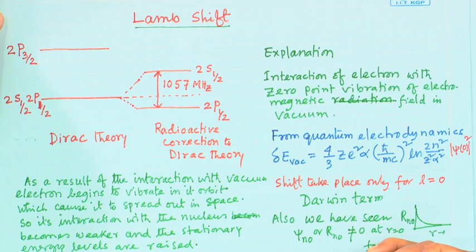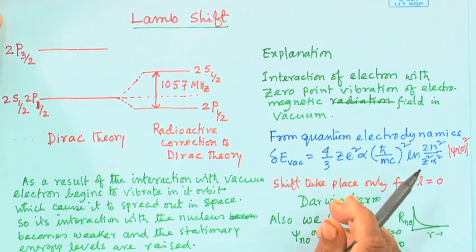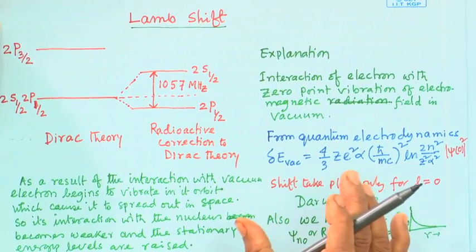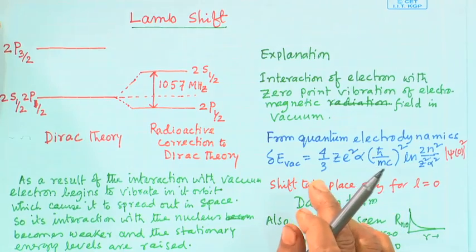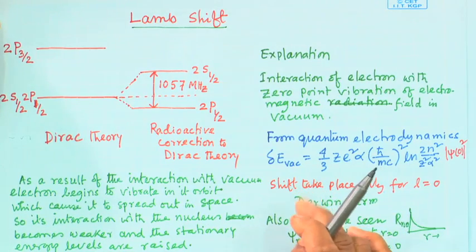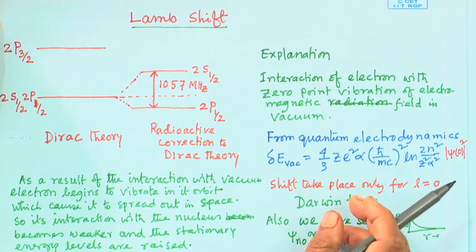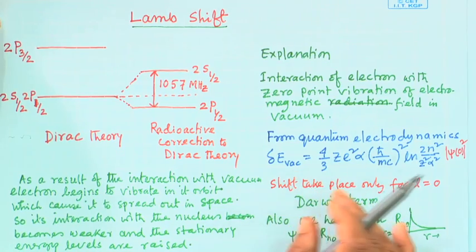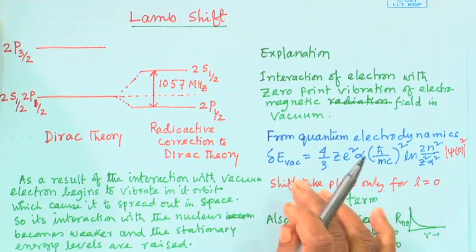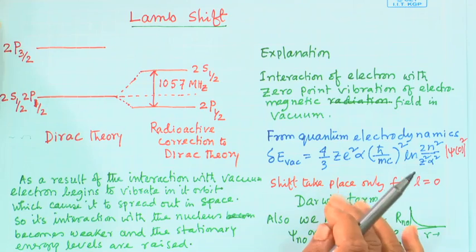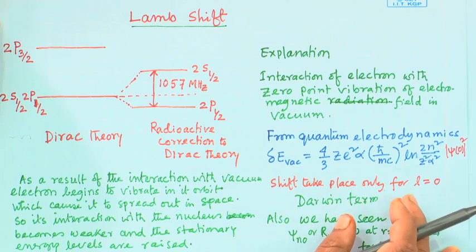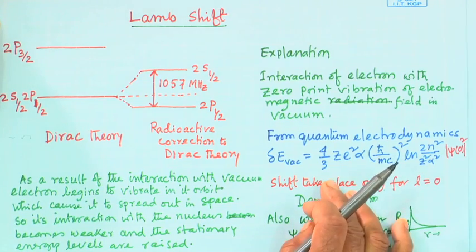If you remember the simple harmonic oscillator, earlier it was n h cross. Now from quantum mechanics the energy expression is En equal to (n plus 1/2) h cross. Even for n equal to 0, the energy is half h cross. This is called zero point energy.